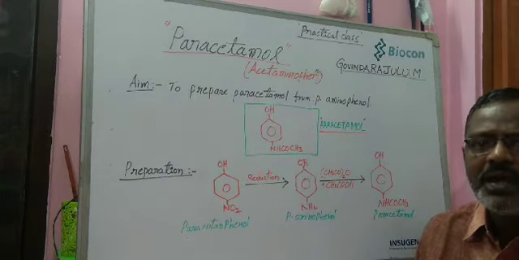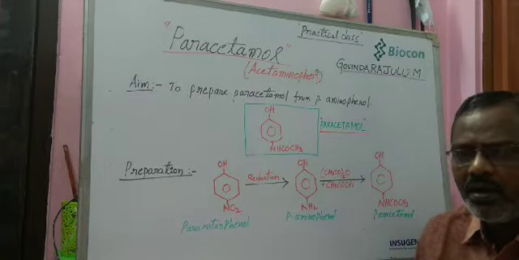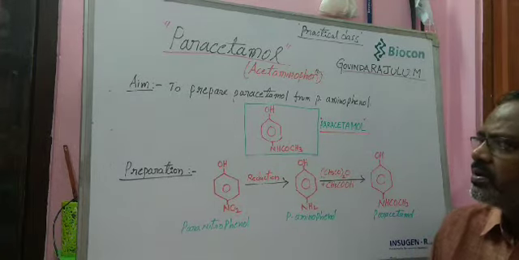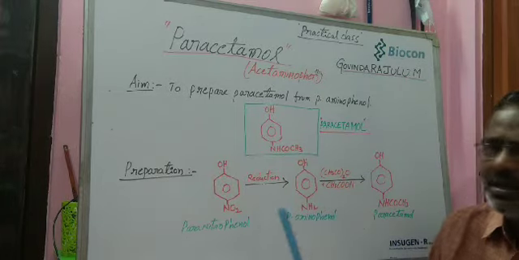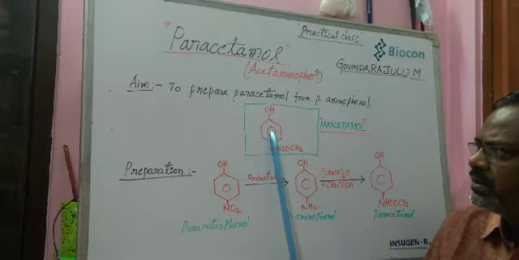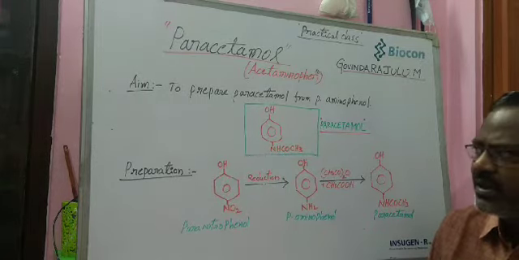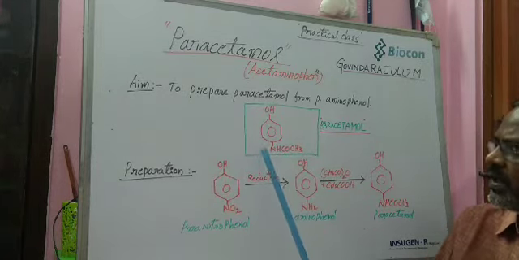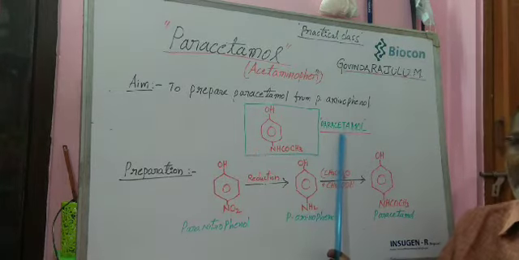Paracetamol is prepared from para-aminophenol. What is the structure of paracetamol? It has a benzene ring, with one hydroxy group above and an amide group, NHCOCH3, below. This is the structure of the paracetamol compound.